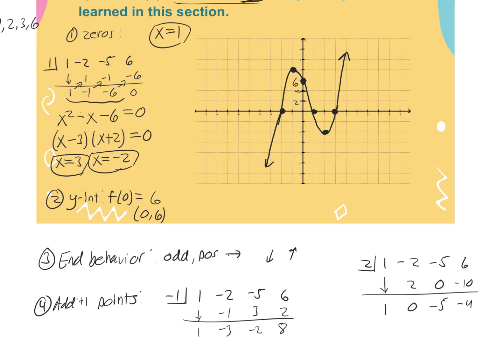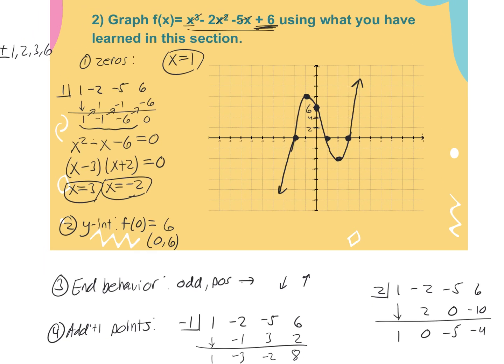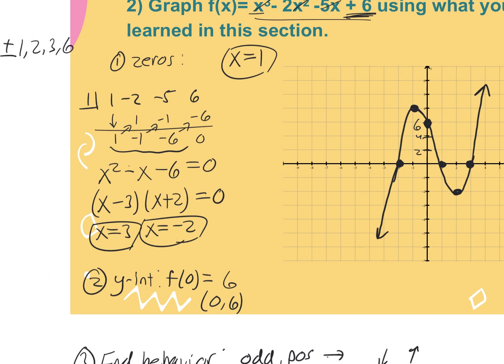Really somewhere in these steps, I would say even with the zeros, I would also include multiplicity. In this case, all zeros have multiplicity of 1. So what does this mean?